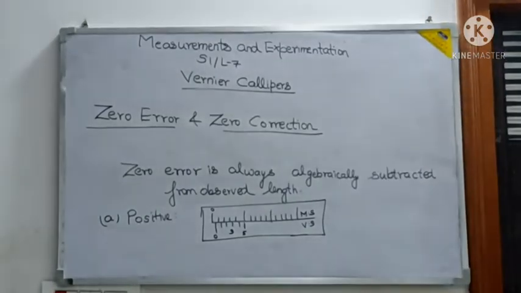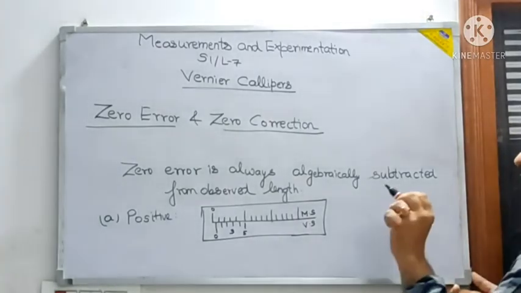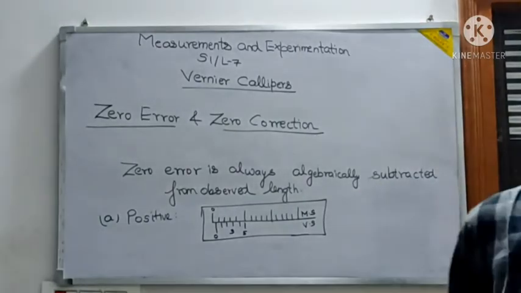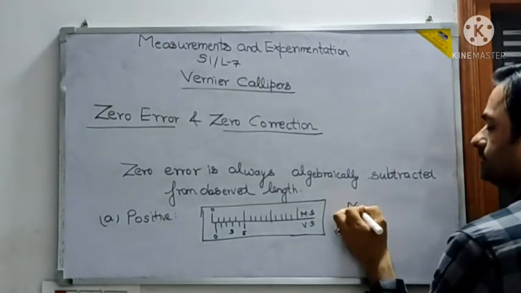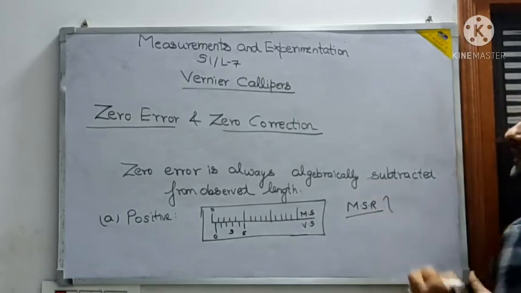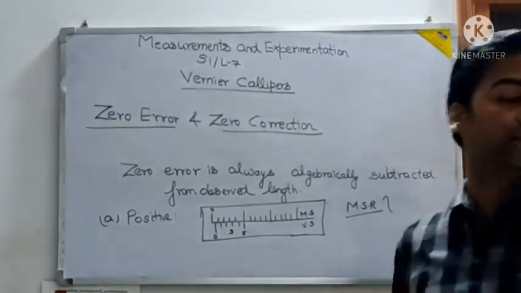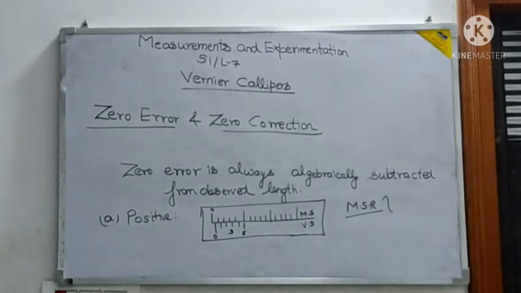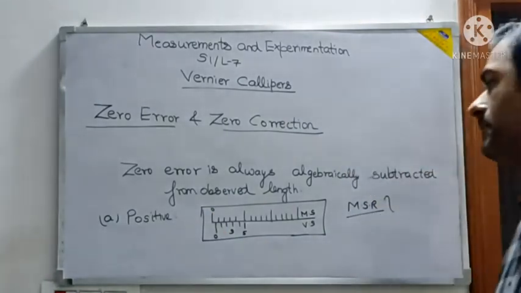Now see. First thing that you will observe is, in the case of finding the zero error, basically you are trying to find the zero error. Find the main scale reading. What is the main scale reading? Now see, to find the main scale reading, the main scale reading you will find from the main scale itself.